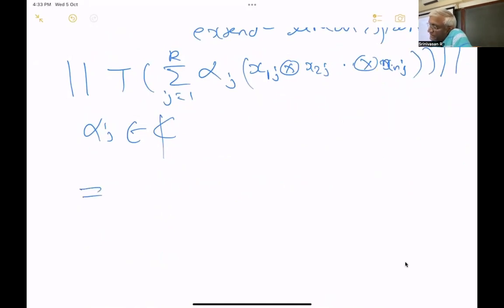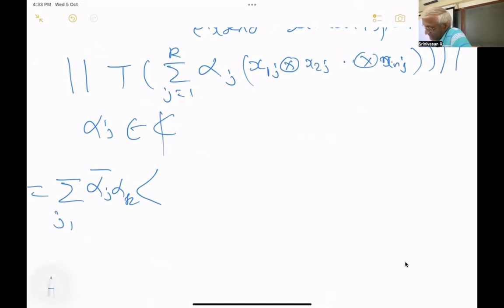So that is equal to, you take the inner product basically, the summation of alpha_j bar. Remember that our inner product is conjugate linear in the first variable. Here alpha_j' where j and j' vary from 1 to k. I already have a k here, so j prime, j prime varies from 1 to k.